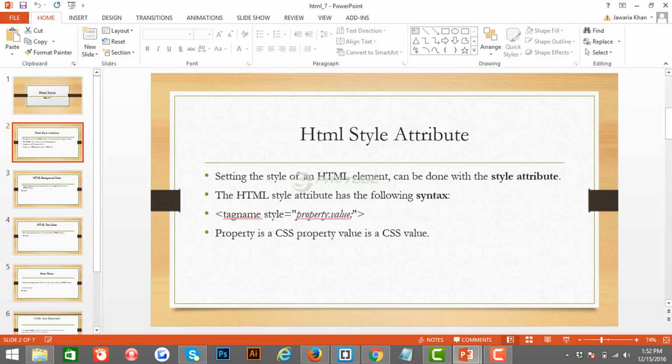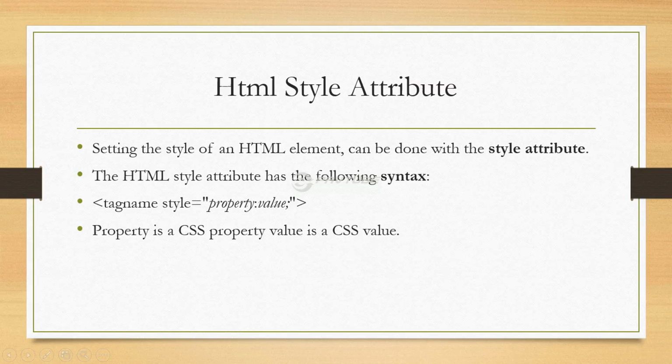CSS stands for cascading style sheets, and cascading style sheets are used for styling the HTML elements to beautify the HTML elements in a better way as compared to that of HTML itself. We will discuss CSS in detail later, and here we are only going to study the style as an attribute, that how we can use style to set the properties of an HTML element to beautify the HTML element.